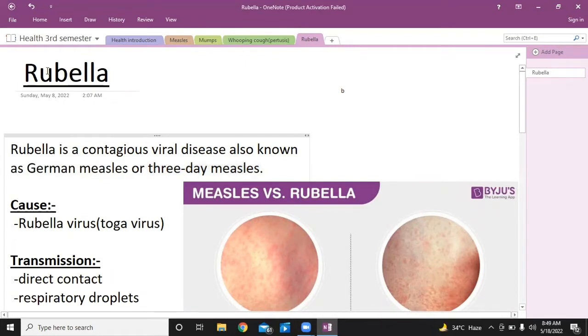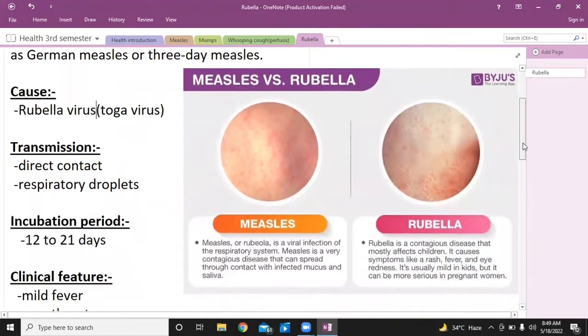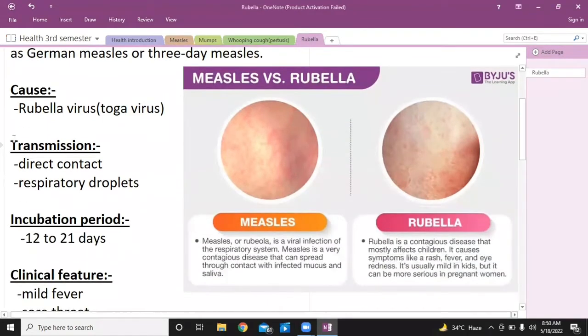Now, what is the causative agent for rubella? Rubella is caused by a virus, as I said before. The virus is called rubella virus, and it is a member of the togavirus family, which causes rubella disease. How is this virus transmitted?